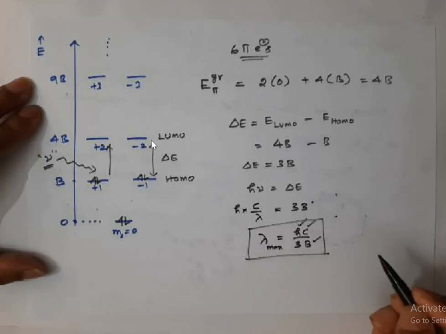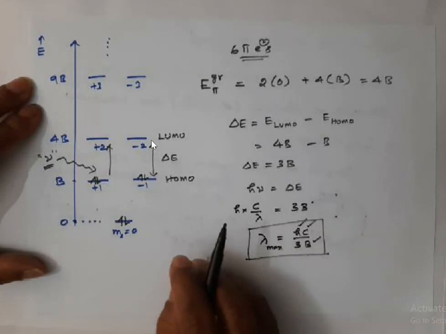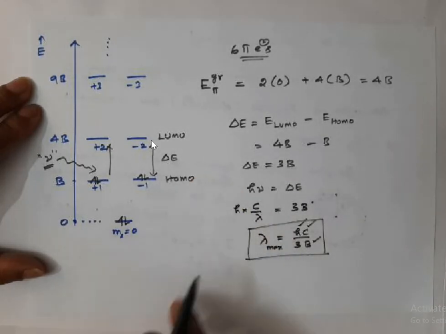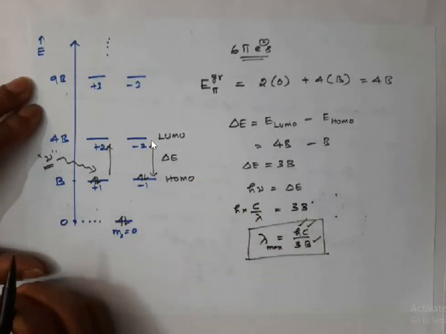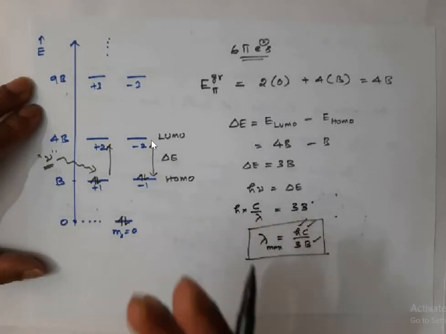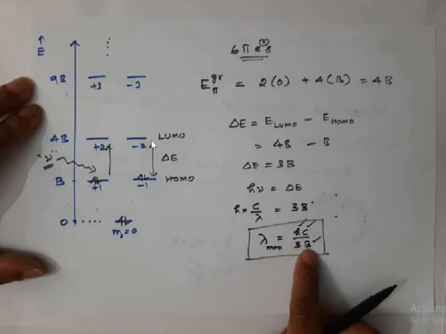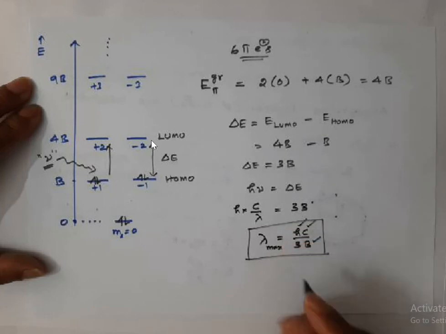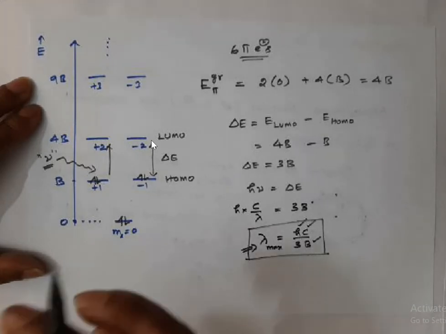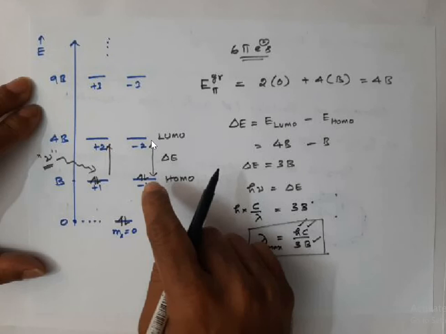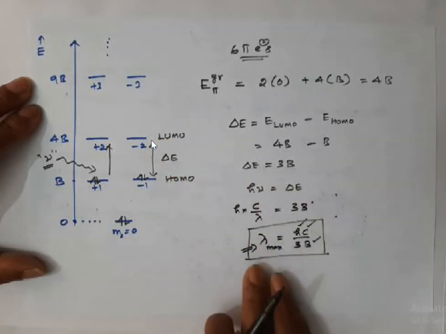If you know the rotational constant for the particle on a ring system, where the particles are electrons and the ring is the benzene ring, and you know the radius of the ring and the mass of the electron, substitute those values and you get the rotational constant. By knowing it, you can estimate the lambda max, the wavelength for the transition of an electron from HOMO to LUMO in benzene.